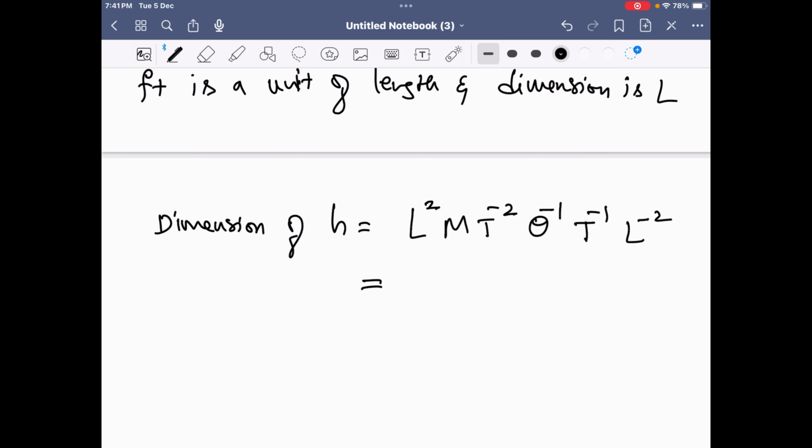So if you cancel all the units, L square and L power minus 2 get canceled, then it becomes m T power, this minus 2 minus 1 becomes minus 3 theta inverse. So this is the dimension of H. So hope you understood from this.